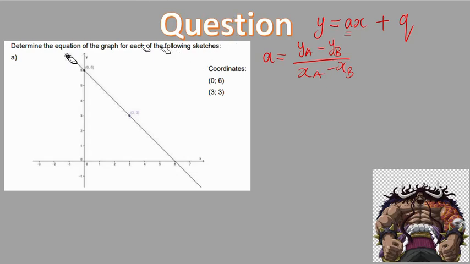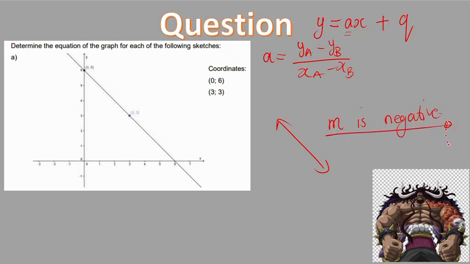So we are saying you need to find a. A is the gradient. Now, when you are looking at this graph, it's going towards the direction of your left hand side, right? So if it's going to the direction of your left hand side, already we know that your m is negative.